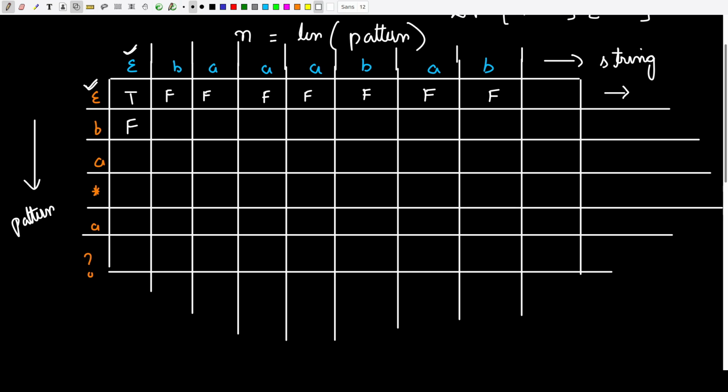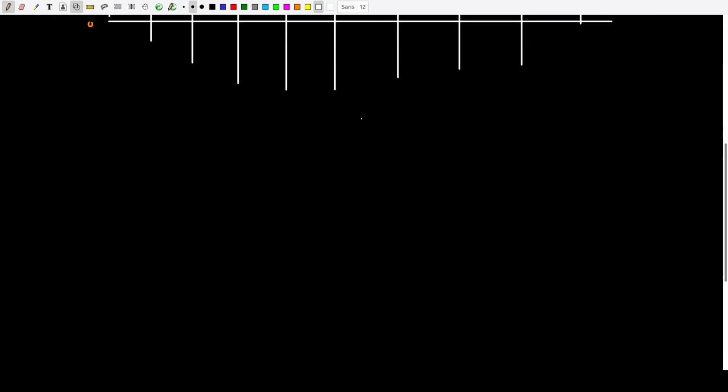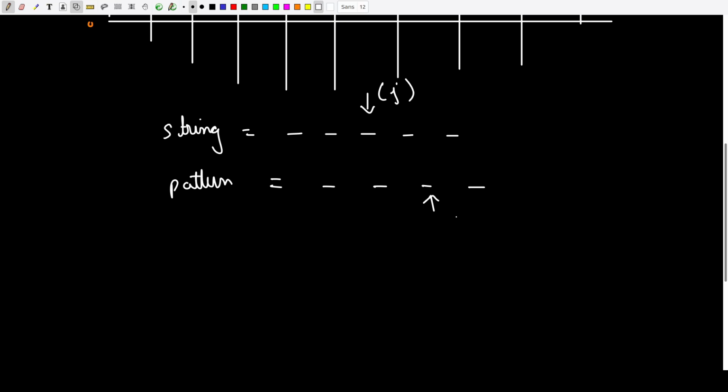Here, as we can see, B and B match. So let's look over here. Let us say this is our string and this is our pattern. Let us say we are at some position here and here, where this position is represented by j and this position is represented by i.